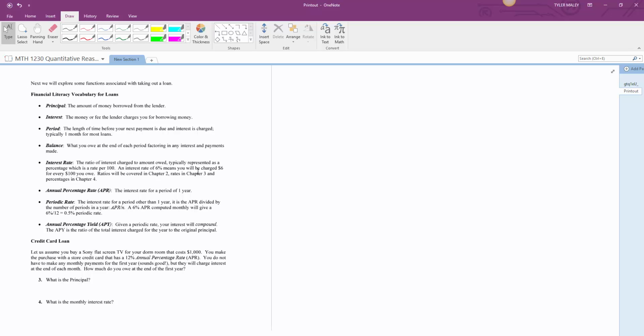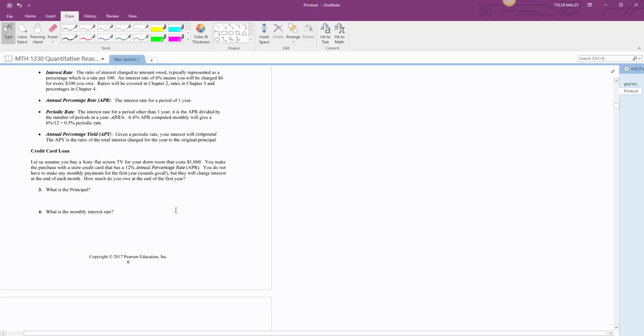So we have principal, interest, period, balance, interest rate, annual percentage rate, or we can denote that as APR, periodic rate, and then lastly, annual percentage yield, APY. Again, make sure you take the time to read over these in the worksheet, also in the text, and try to get an understanding of the vocab. And we'll work through some problems that utilize the vocabulary, and hopefully that will help you as well.